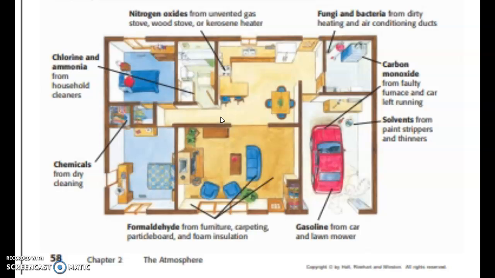And then when we look at the laundry room over here, I believe that's not a laundry room, but an air conditioning area. Well, either way, it does have a lot of fungi and bacteria, which happens because of dry heating and air conditioning ducts.